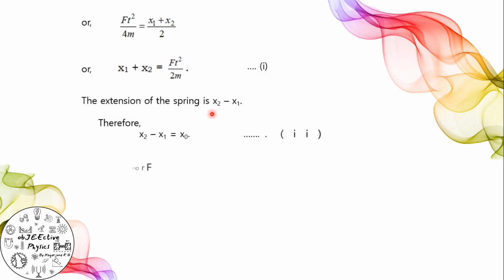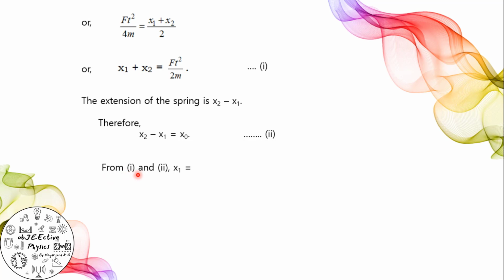The extension of the spring is x2 minus x1. x2 is the final length, x1 is the initial length. Therefore, x2 minus x1 is equal to x naught, given in the question, that we assumed as equation 2.